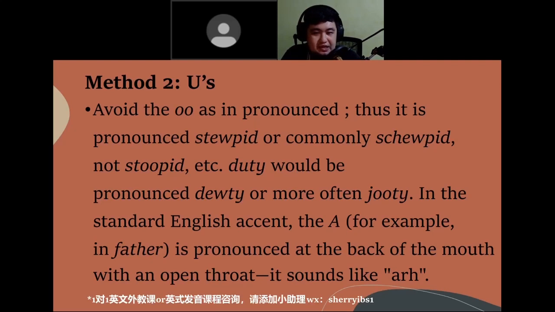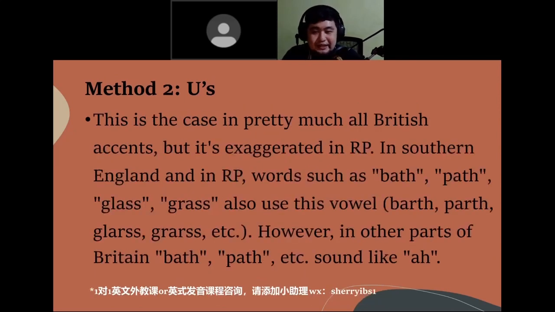In the standard English accent, the A, for example in father, is pronounced at the back of the mouth with an open throat, like an R sound. Father, brother, mother. That's an example. So method 2, U again.